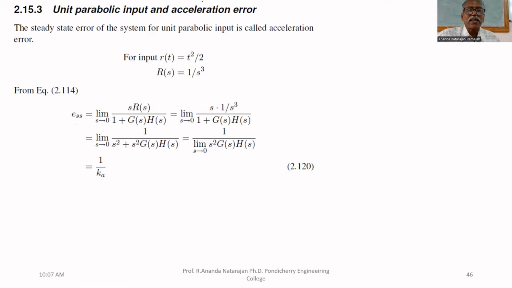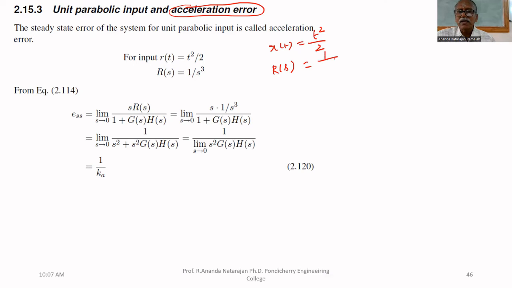Now, a unit parabolic input will give the acceleration error constant. What is the parabolic input? R of t equals t square upon 2. Deliberately, we are adding the 2 in the denominator to make it easy while finding the Laplace transform. Therefore, R of s has a convenient form in the Laplace domain.